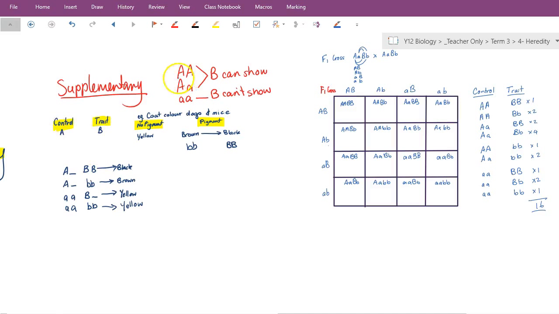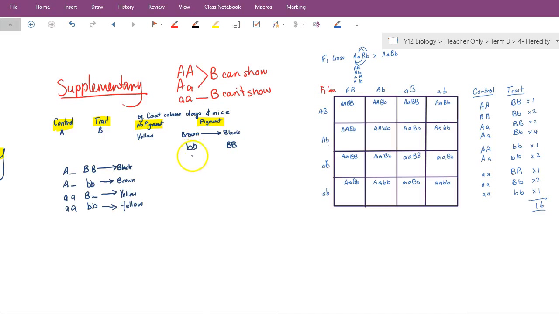So if you have the homozygous or the heterozygous version of A, B can show. If you have the homozygous recessive version of A, the protein doesn't work, and therefore B can't show itself, even if there is a big B present. So think of it in the case of dogs and mice. Both of them have this thing going on with their coat colour.